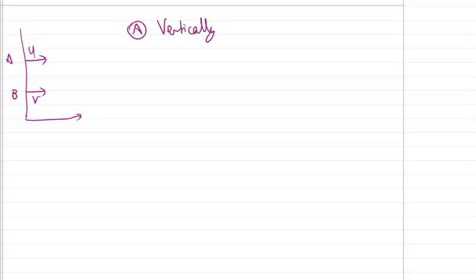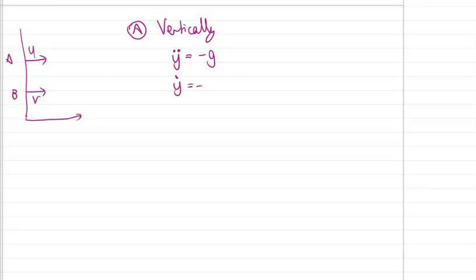I'm just going to draw this a little bit myself so I can see what I'm doing. This is point B, this is point A. I know that this launches at V and this launches at U. Let me derive all my equations for A first of all. So A vertically, I know that the second derivative is just going to be related to gravity, so negative g.